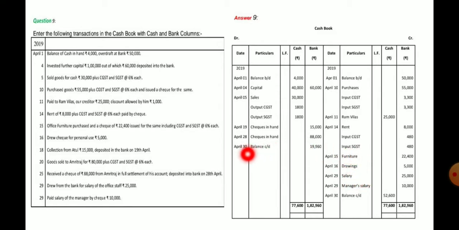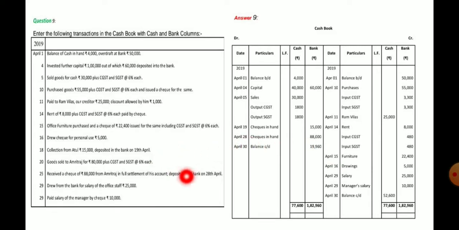After totaling, we discover that the debit side is greater than the credit side, and the remaining balance, that is 52,600, will be written as balance c/d. Now after totaling the bank side on debit and credit, we discover that the credit side is greater than the debit side, so the balance will be written on the debit side.